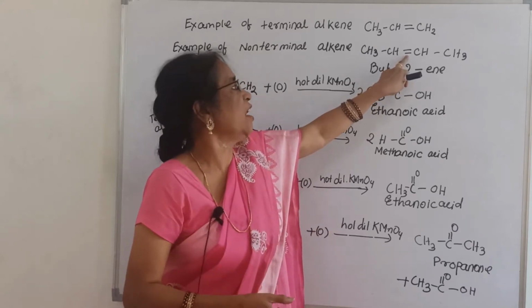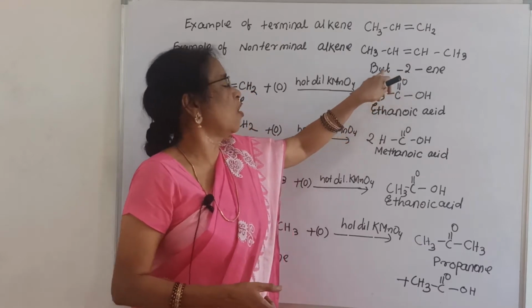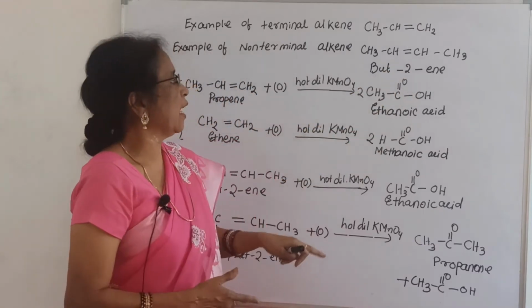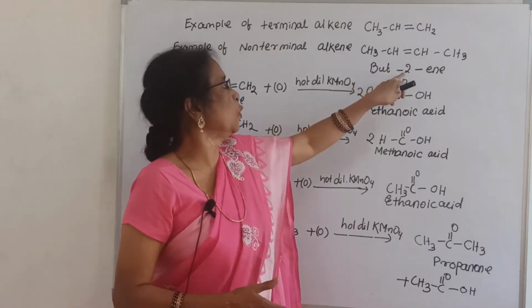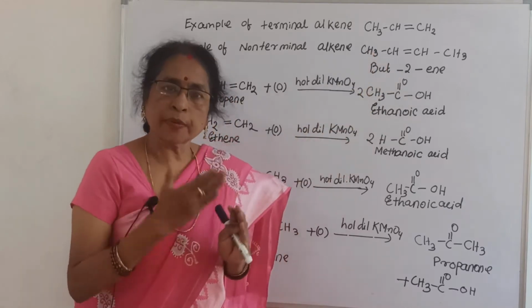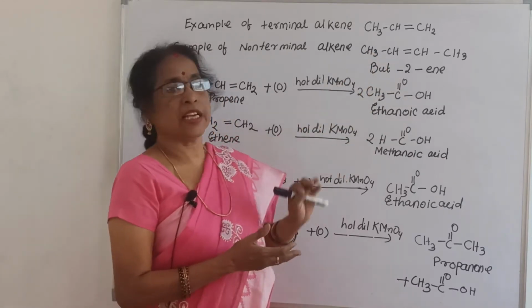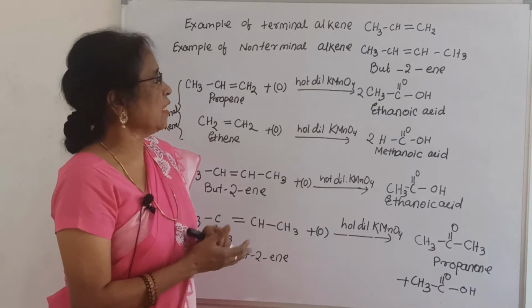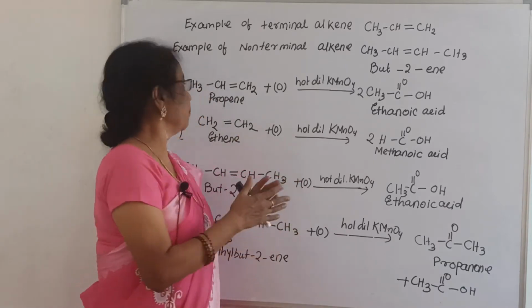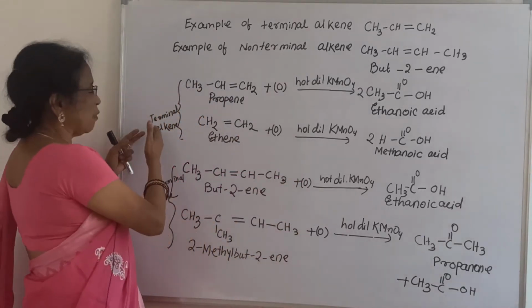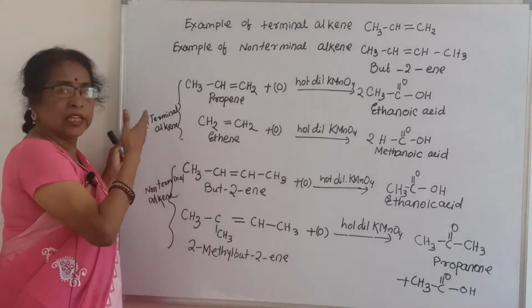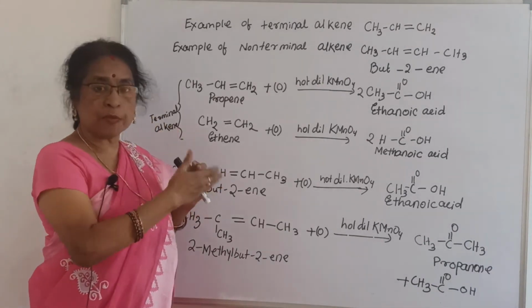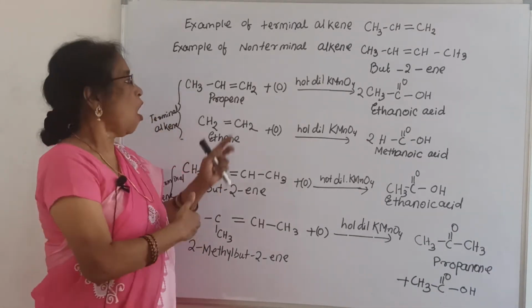That is why it is called a non-terminal alkene. This is known as butene because after 2 carbons there is a double bond. So it is butene.